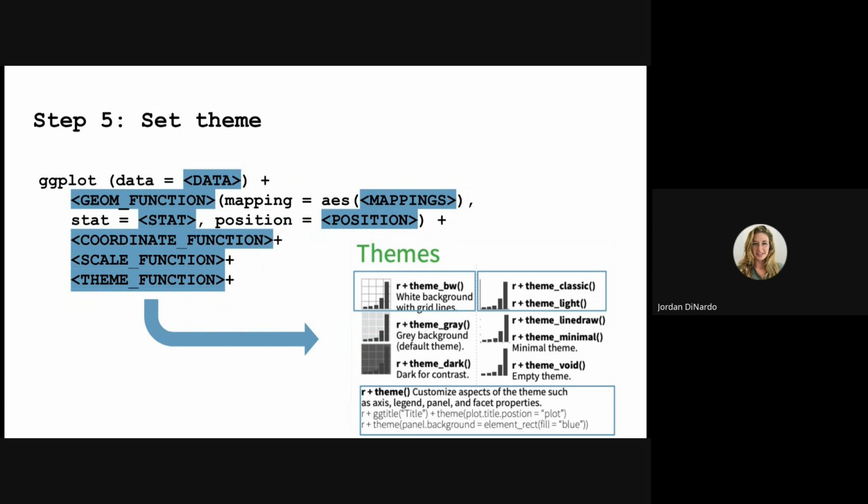It just kind of depends. But yeah, I tend to use theme underscore black and white or theme underscore classic. And then under that, I will also, using theme, start to identify axes title size, axes title text color, mainly text size and text color. Plot titles, if that's something that you wish to do, that is all within theme as well.